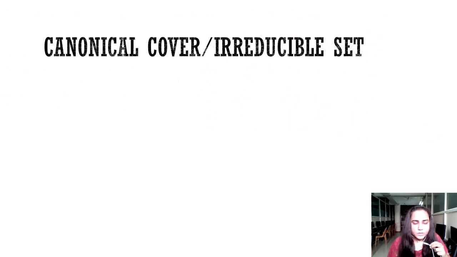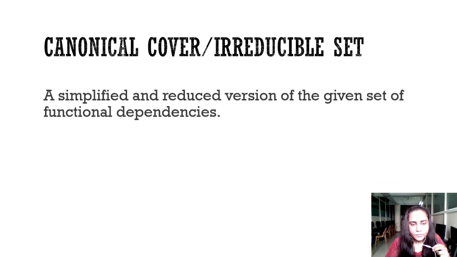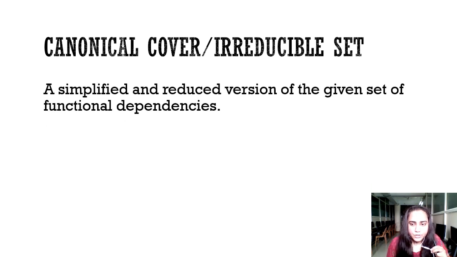Now let's see what a canonical cover is. This is the application of the rules that you just learned. You know that you learned the rules which are Armstrong's axioms. These rules can be applied to find a canonical cover or irreducible set. So let's see what that is first. It is a simplified, reduced version of the given set of functional dependencies.